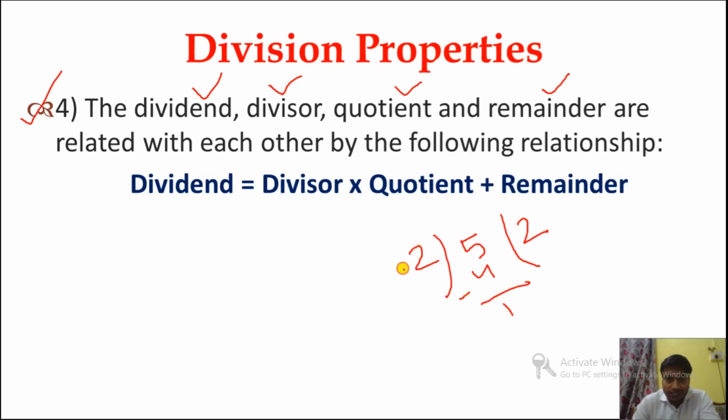This 2 is the divisor, and 5 is the dividend. Clear? 5 is the dividend, 2 is the divisor, the quotient is 2 and 1 is the remainder.